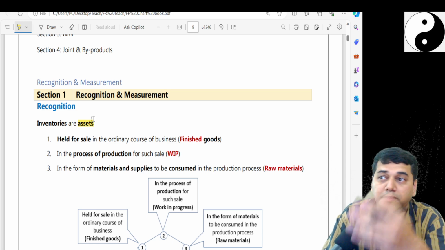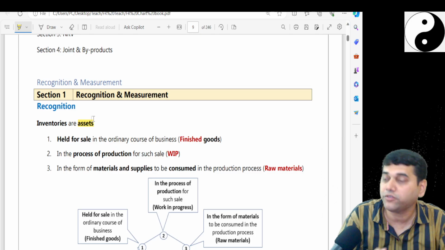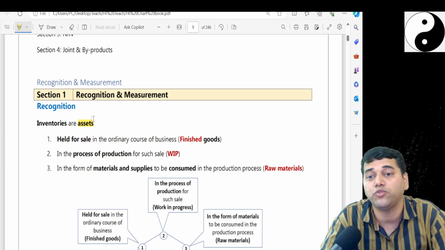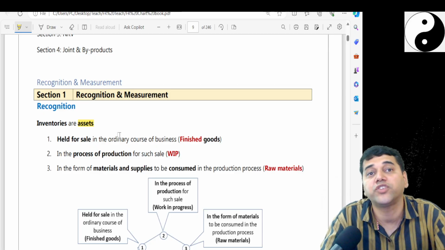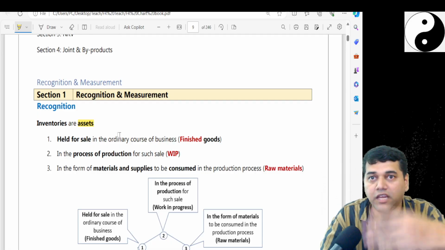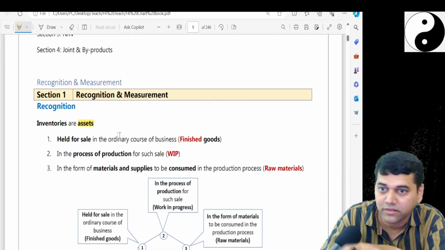No. If it is your spare parts, it is your inventory. If the customer gives it to you, it is not your asset, because you don't have any future economic benefits out of it; you are acting as a bailee. Anyhow, I am just telling you, that's why I discussed this definition.